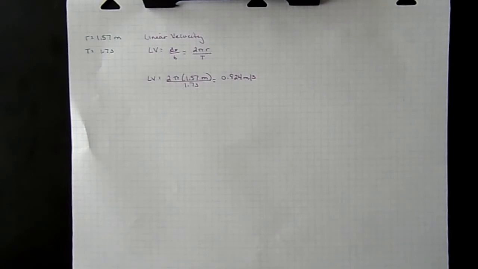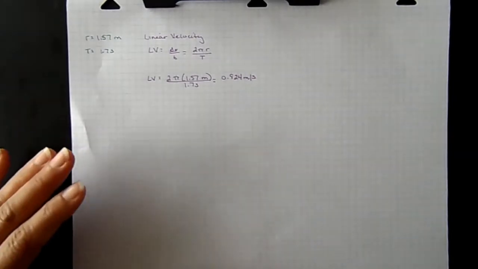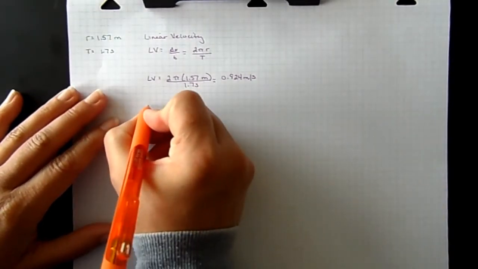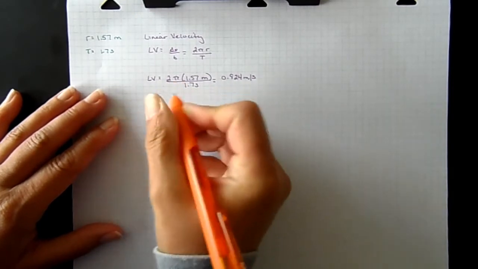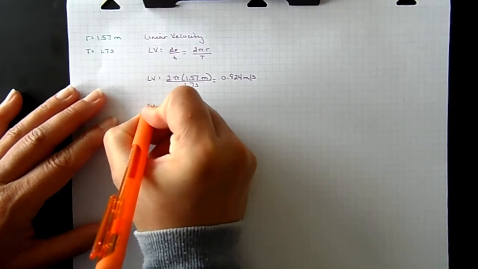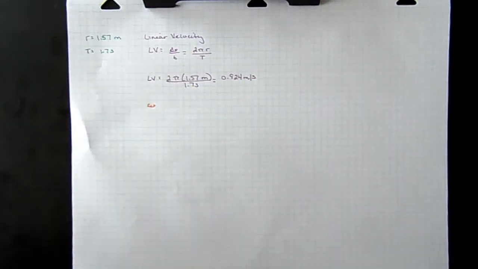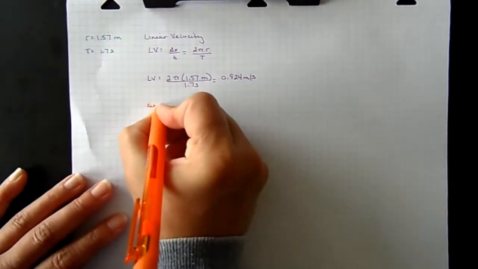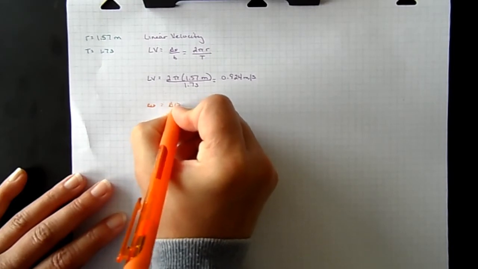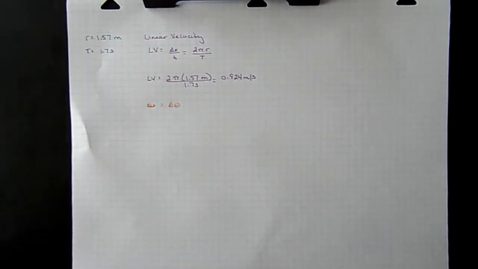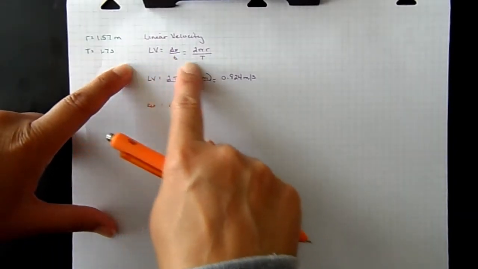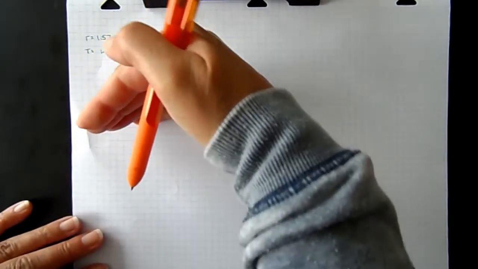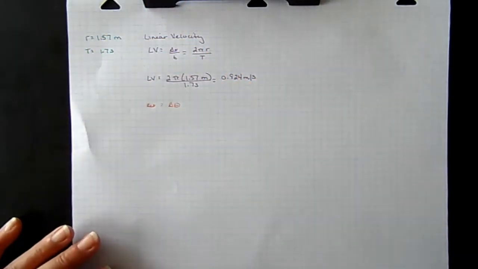Now we also want to calculate the angular velocity. So angular velocity, remember, uh-oh, my pen's not writing. Just try this a little bit more. All right, so the angular velocity has to do with how fast we're moving through the circle, so measured in radians. We're not looking at this distance around the circle, we're looking at this angle that it's sweeping out of the circle.